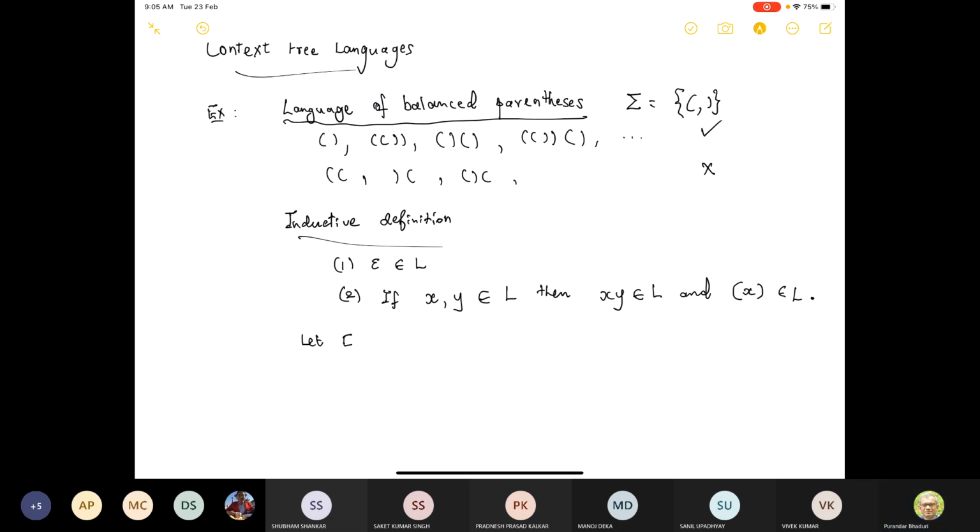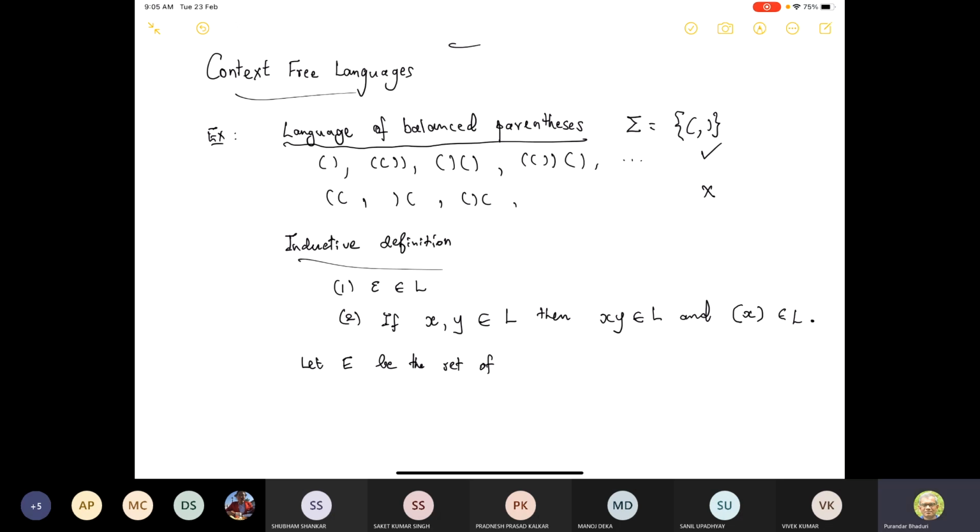Let E be the set of correct expressions, that is, strings of balanced parentheses.